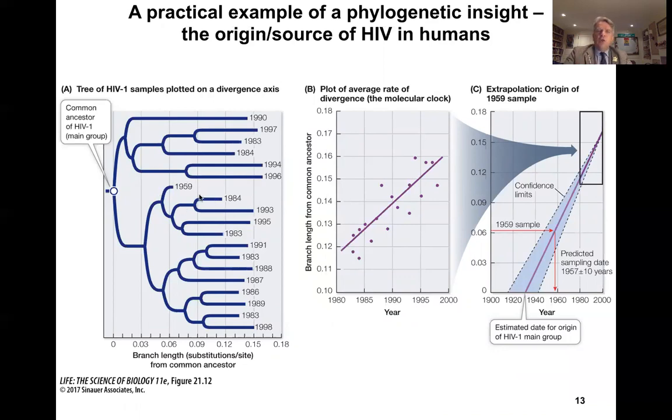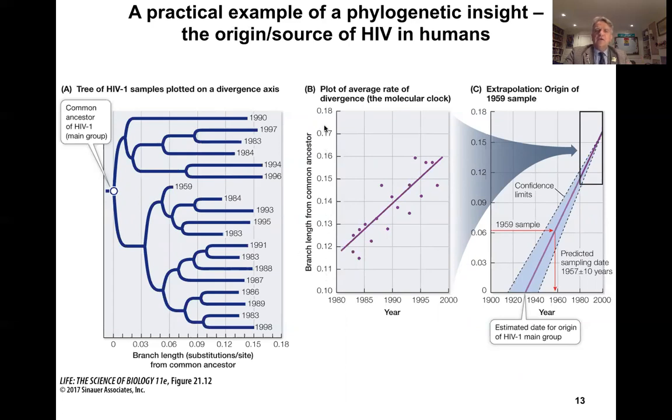And so going all the way back to 1959, from a historical sample from an immunocompromised patient who died in Kinshasa in 1959, and extending all the way up to about 1998 or 2000, what the scientists were able to do is trace the branch length to the common ancestor of all HIV-1 that we find in human populations.